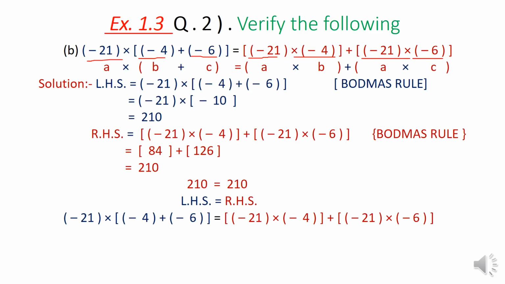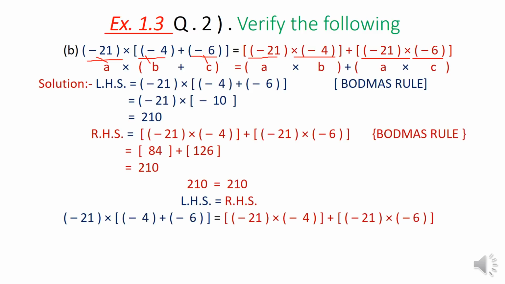Here A is minus 21, B is minus 4 and C is minus 6. This is nothing but a distributive property, because here A multiplied by the bracket B plus C. So we are proving the distributive property. Its proof will become like this.